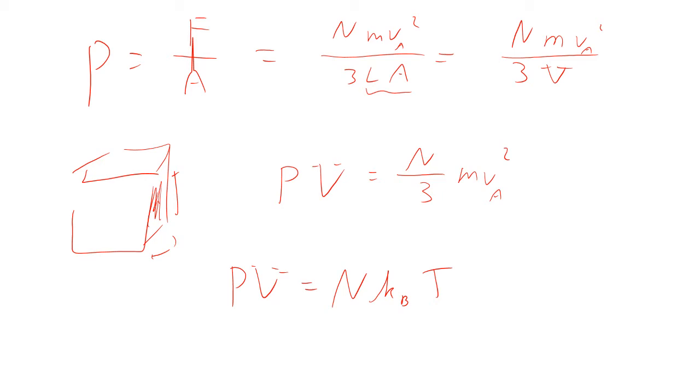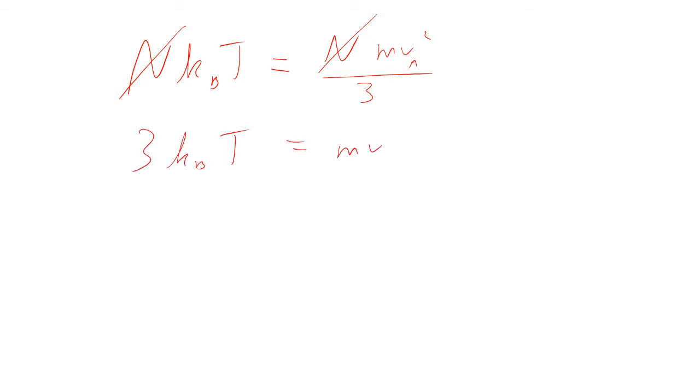So I plug that in here, then we say that n k sub B T is going to be equal to n times m v average squared over 3. The n's cancel. So I can multiply through: 3 times k B T equals m v average squared. Divide by 2. So if I divide this by 2, 3/2 kT is equal to 1/2 m v average squared.